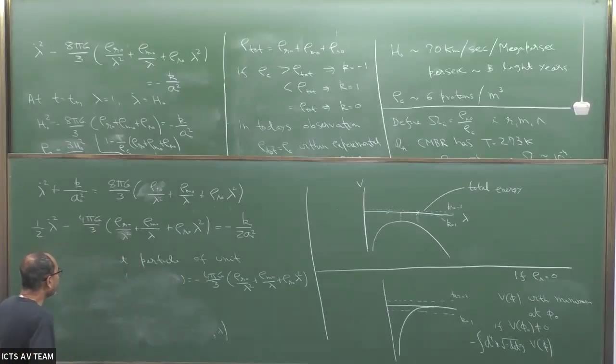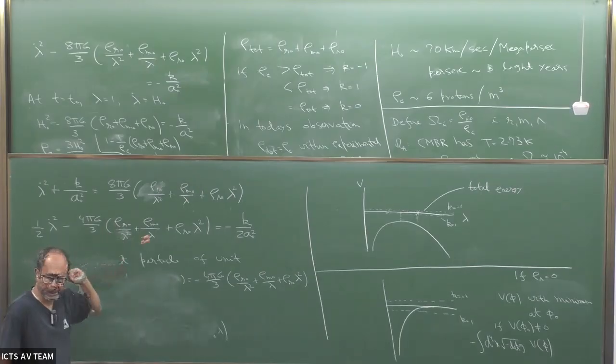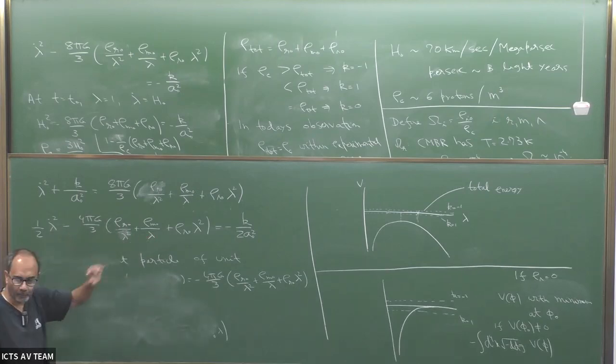Now, one point you can see already that even if this is very small today, right? This rho r not contribution is small because omega r naught is small, right? In the past, when lambda was smaller, this is going to be the dominant term, right? So how far in past you have to go depends on how small omega r naught is, right? But at some point in the past, this is going to be the dominant term.